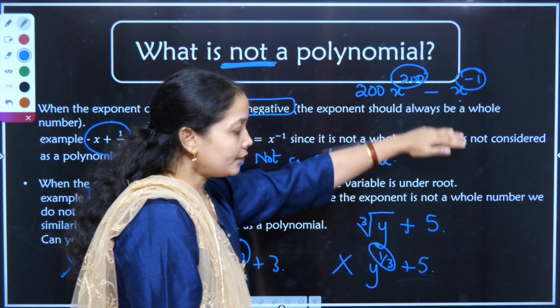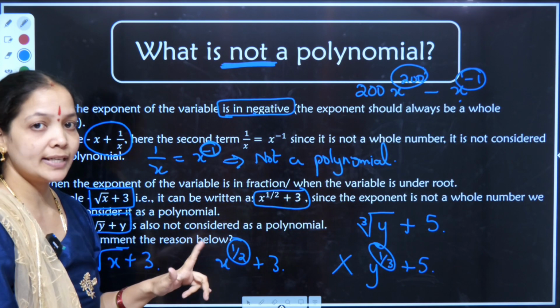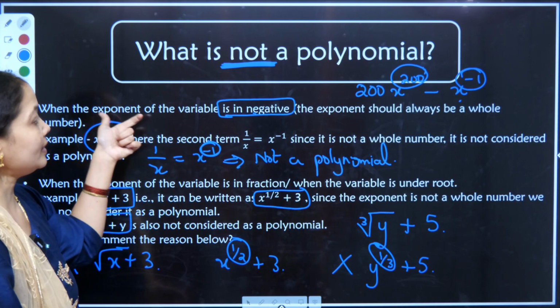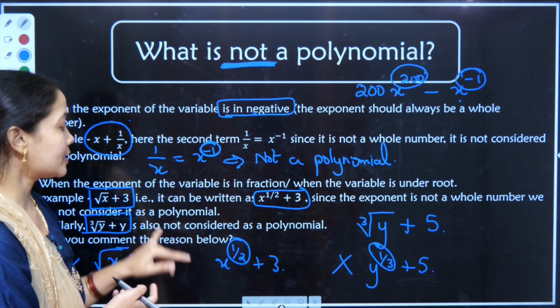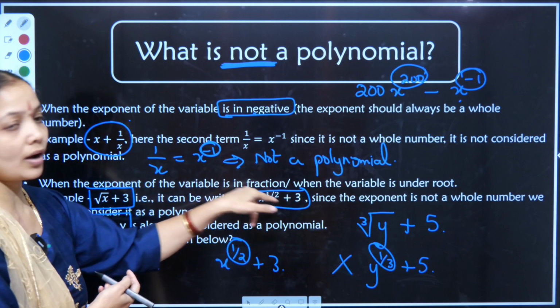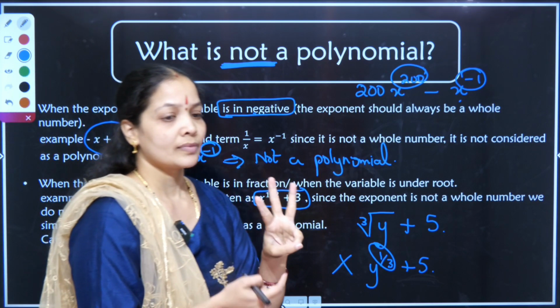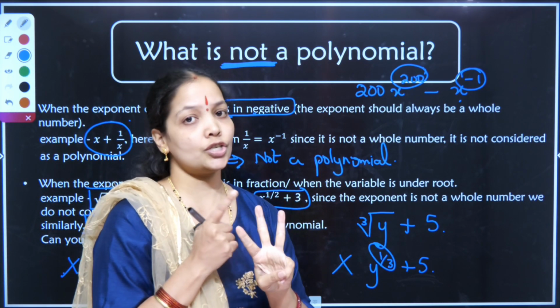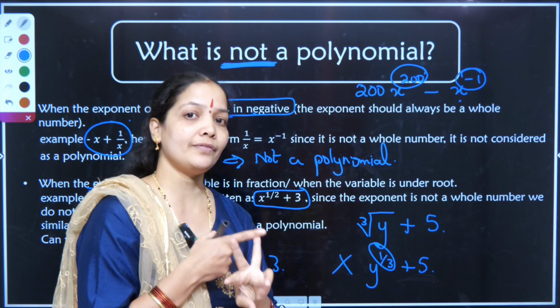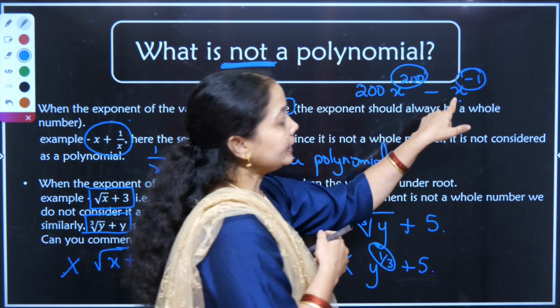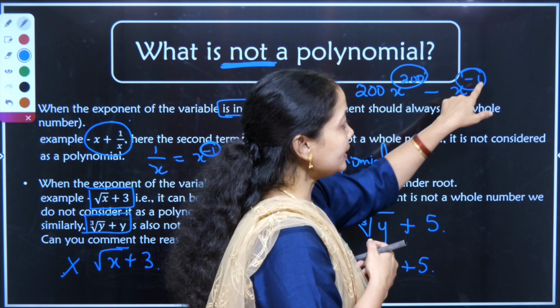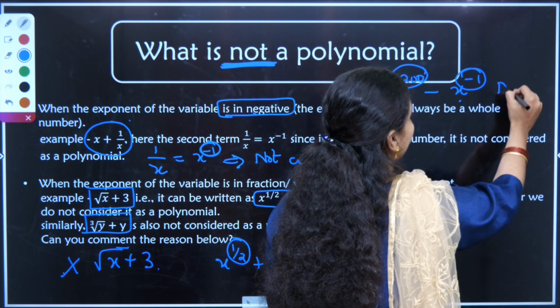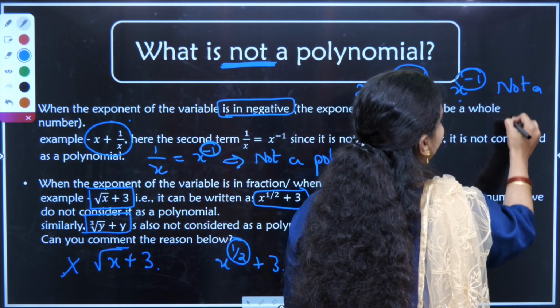Therefore, I will look for the rules. What is my first rule telling me? The exponent should not be negative. The second rule is telling me the exponent should not be under root or fraction. So, three things: it should not be negative, it should not be under root, it should not be a fraction. Here the variable's exponent is negative, so I categorize it as not a polynomial.